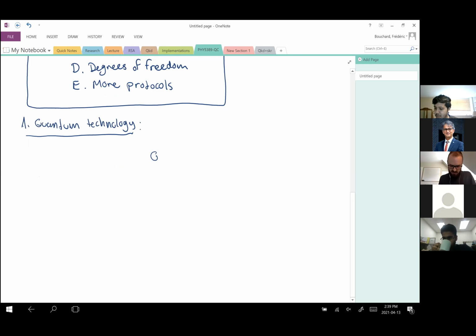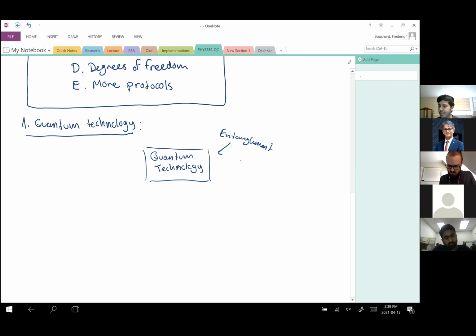The way you can see most of the applications in quantum technology is you start with quantum technology, which is really just any application that is derived from principles like entanglement, the superposition principle. You can also have coherence.